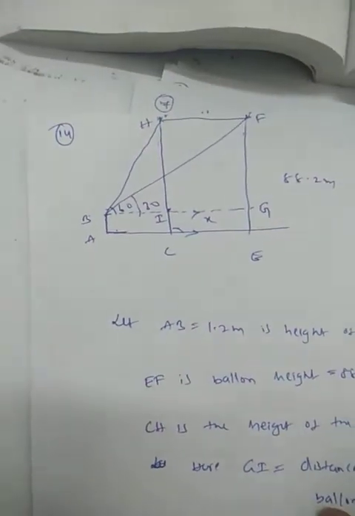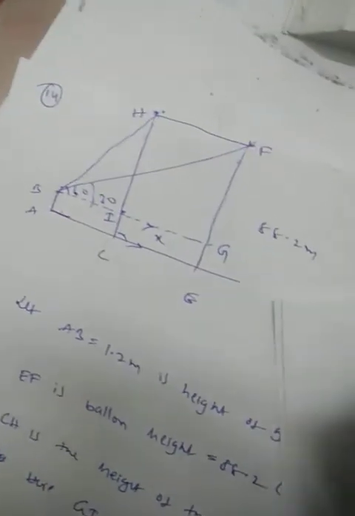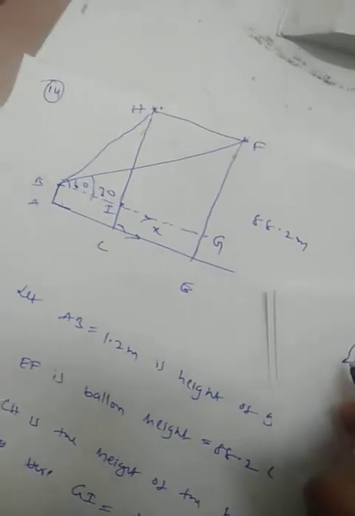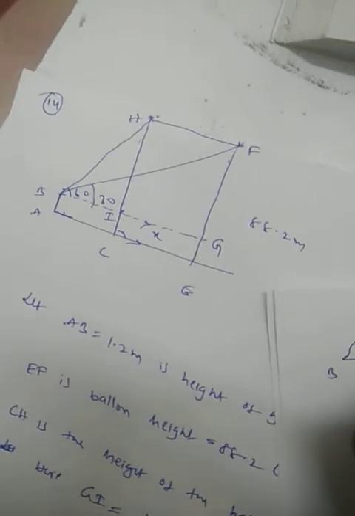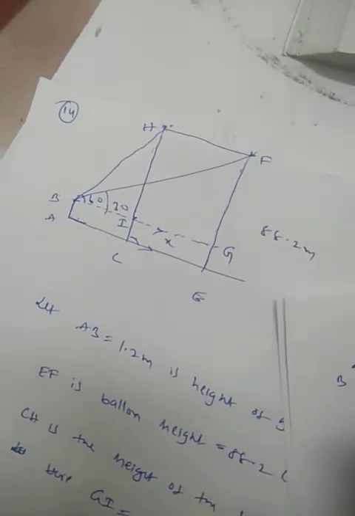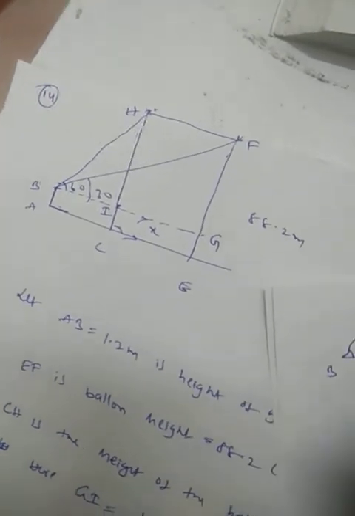We need to take the triangle BHI. From triangle BHI, this is 90 degrees and this angle will be 60 degrees.